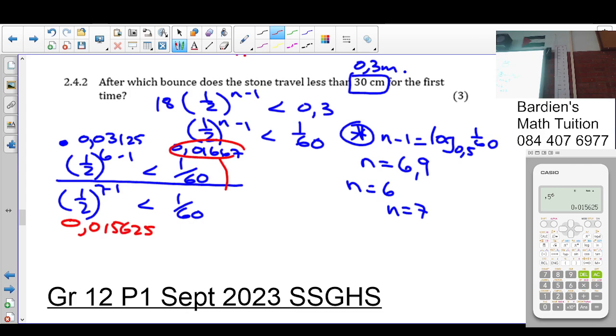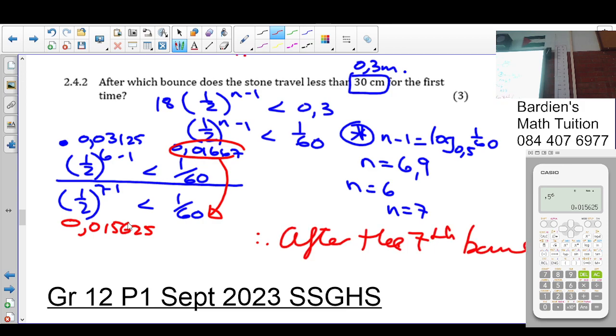Is that now of course less than? Yes. So therefore, after the 7th bounce, that would be the case.